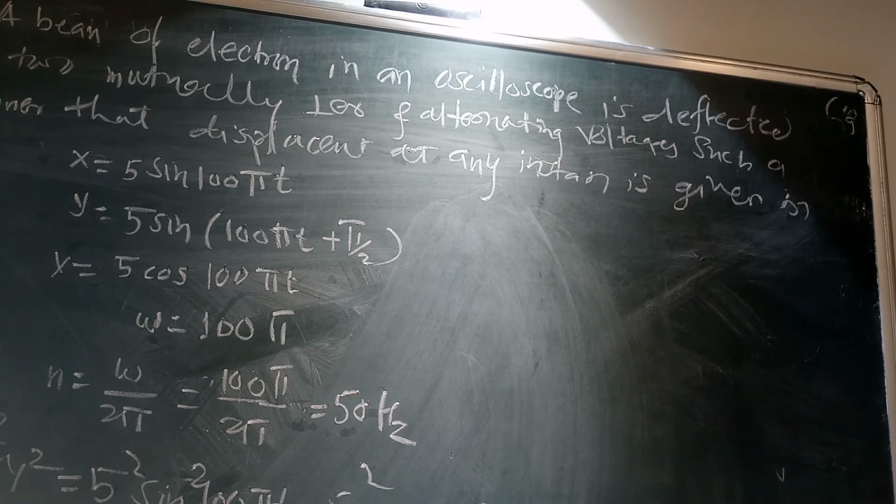Then we can write 5 square into the bracket sine square 100 pi t plus cos square 100 pi t.